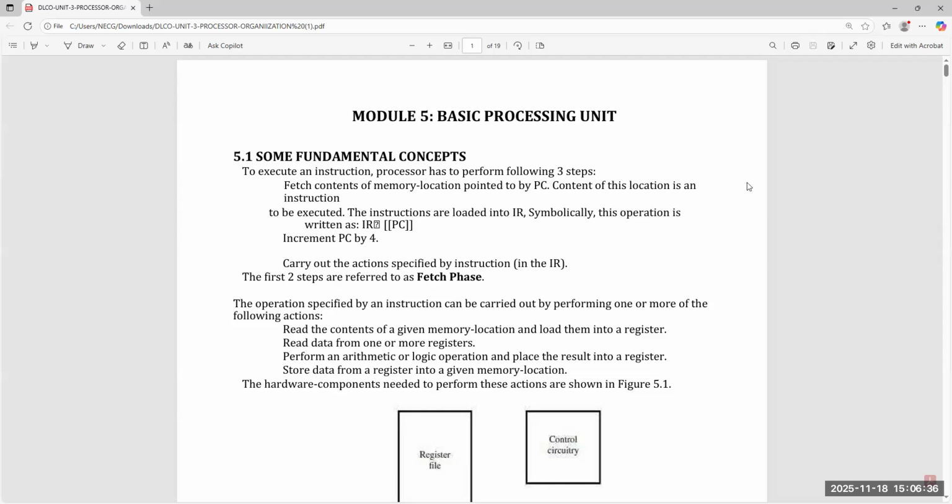Next, what are the operations specified by instructions? They can be carried out by performing one or more of the following actions.